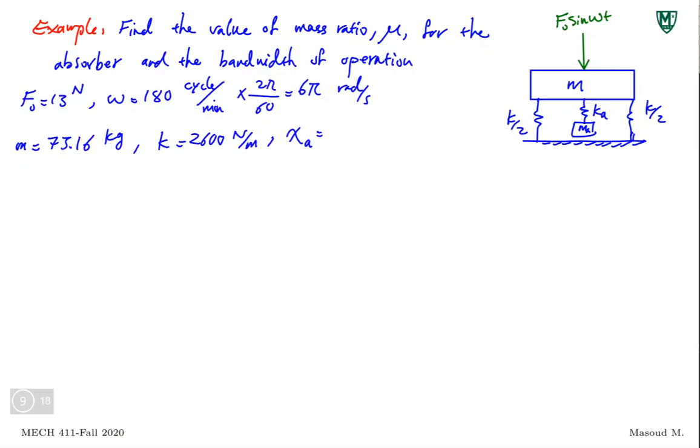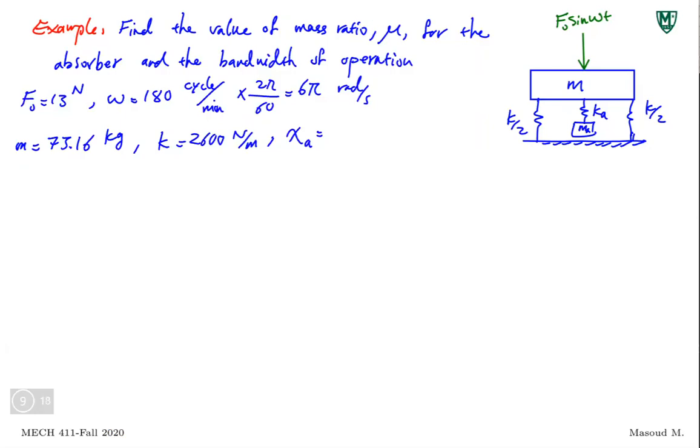As I said, imagine this is a measurement table that you're using for some sensitive measurement, and you want to make sure that it doesn't oscillate or vibrate. So you attach a spring-mass underneath as the absorber. You want to absorb this vibration, so make sure that the table is steady. That is XA.